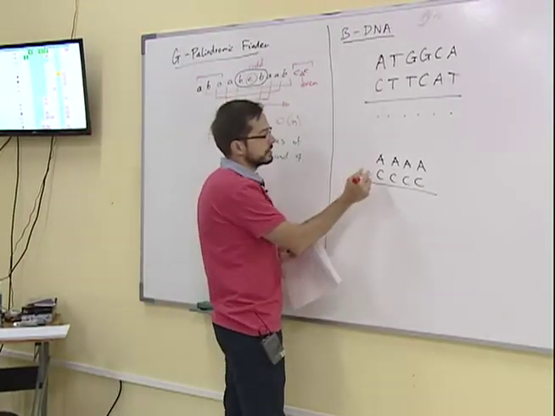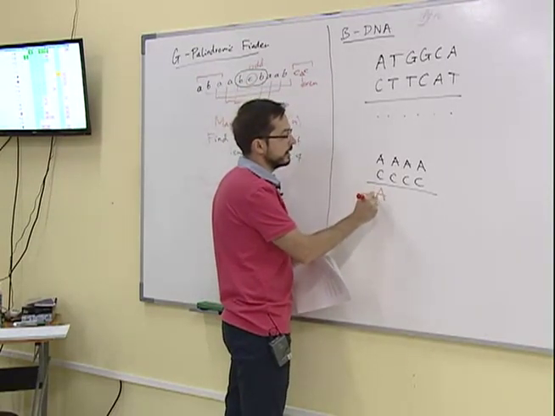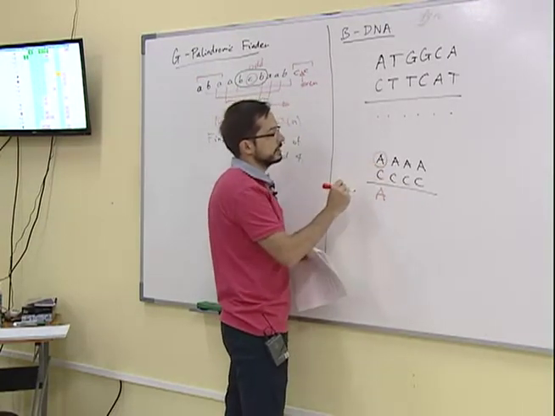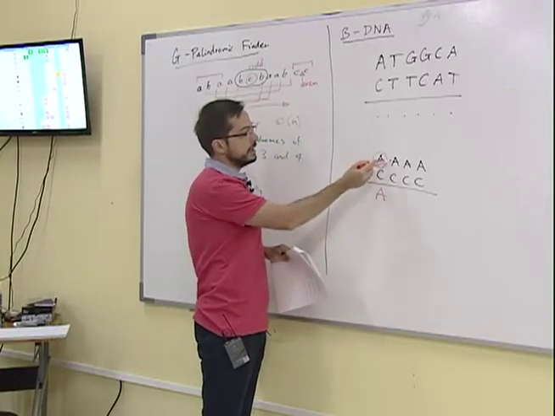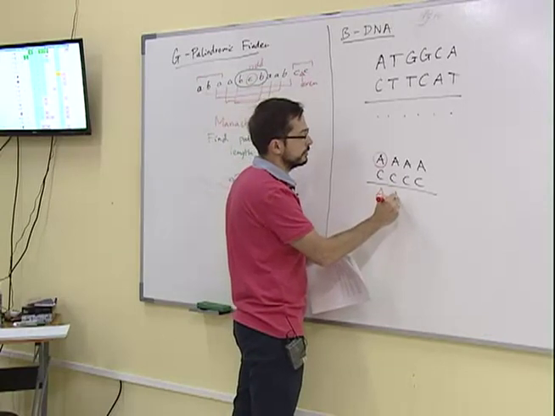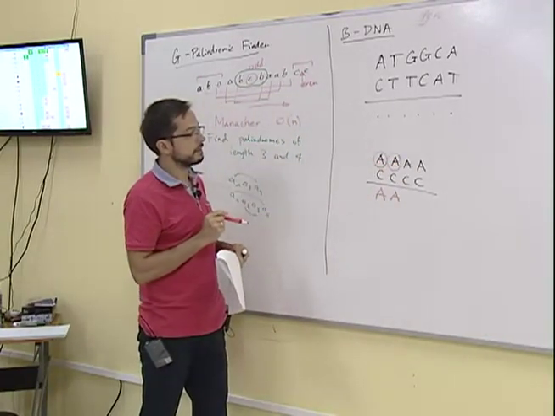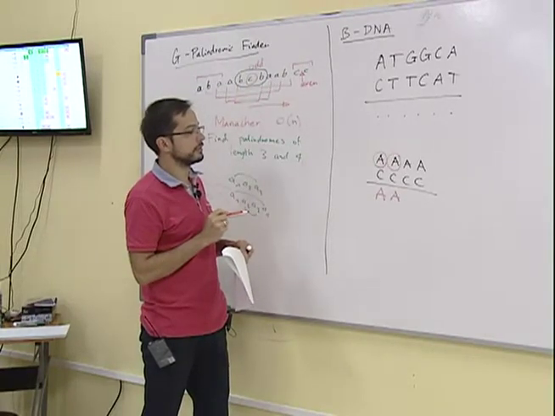So we say, okay, A is less than C, so here we will have A, and we will use the letter from the top string. A is still less than C in the second position, so we also use A and the letter from the top string.